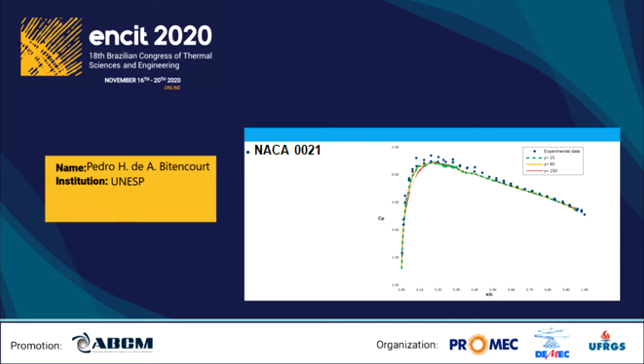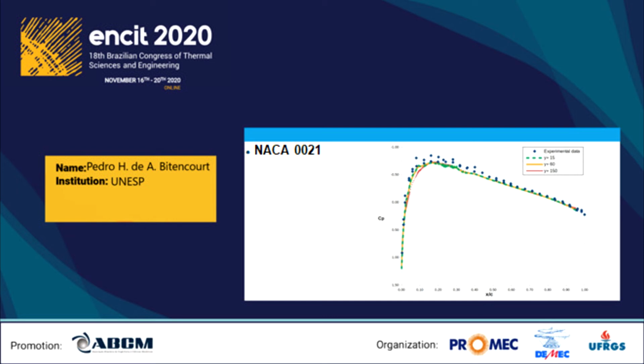Similar to the first test case, we have a graphic comparing the pressure coefficient between the numerical analysis and the experimental data provided by Wolf and Knox. The numerical data keeps the same behavior as the experimental data, but the numerical results diverge slightly from the values found in the experiments.